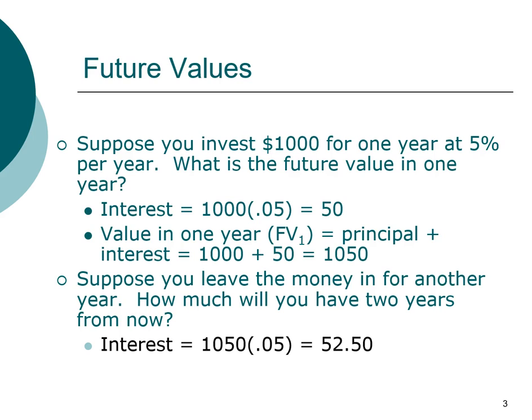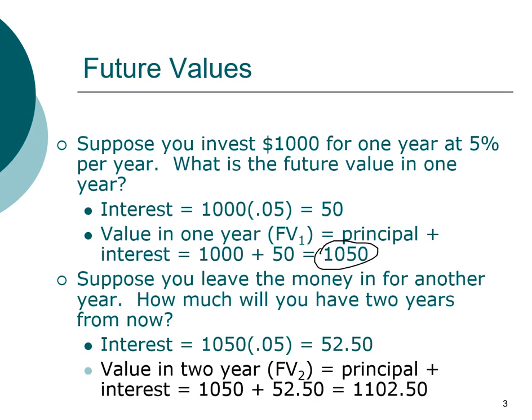So with the $52.50 in interest and a starting value of $1,050, our new future value is $1,102.50. We have the $1,050 plus the new interest of $52.50. So if you invest $1,000 for 2 years, you have $1,102.50.